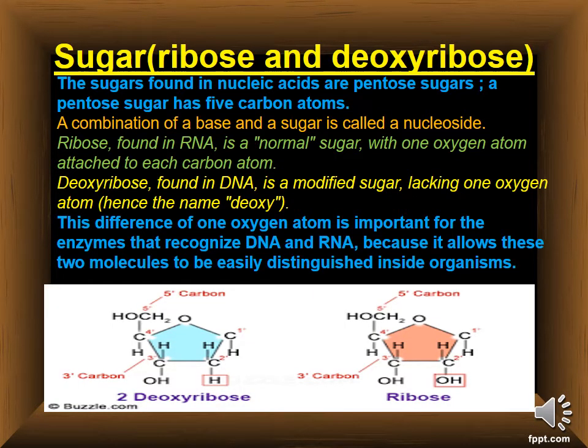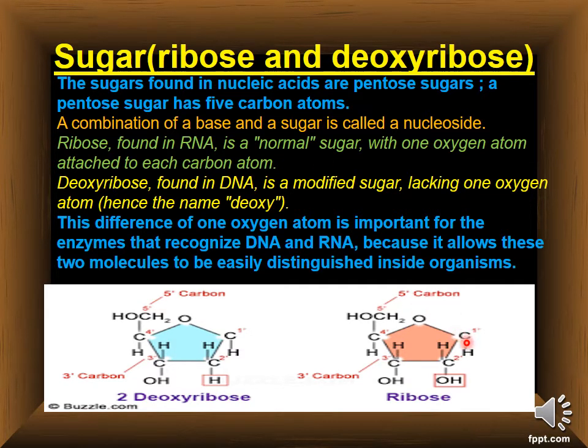Okay, let's explain the sugar. This pentose sugar is present in the ribose form or in the deoxyribose form. What is the difference between them? Before we start this, first you have to know what pentose is. The sugars found in nucleic acids are pentose sugars, which have 5 carbon atoms.